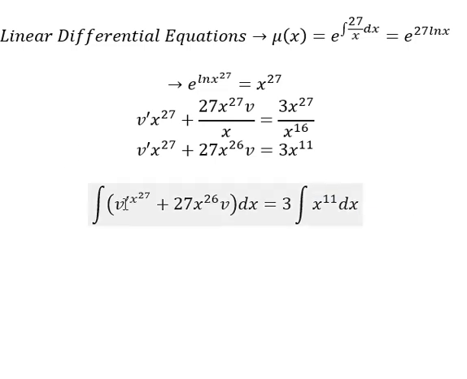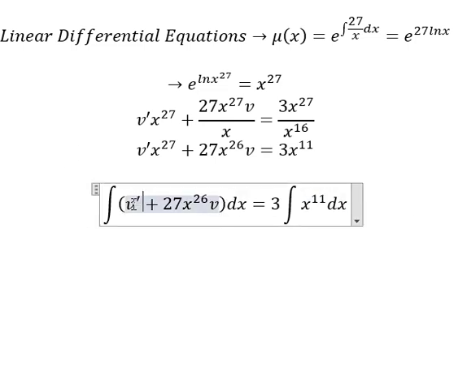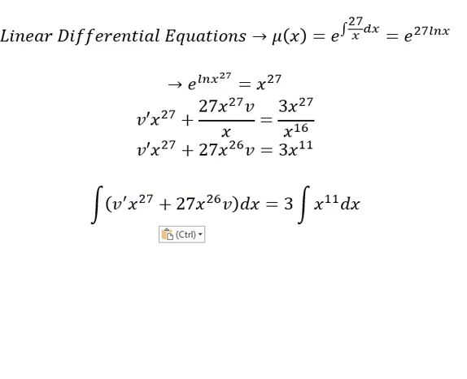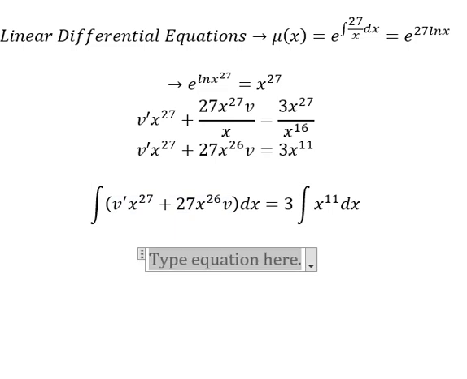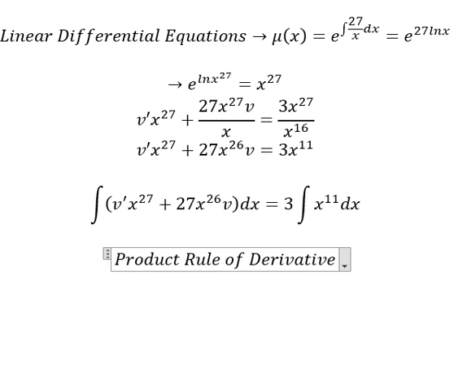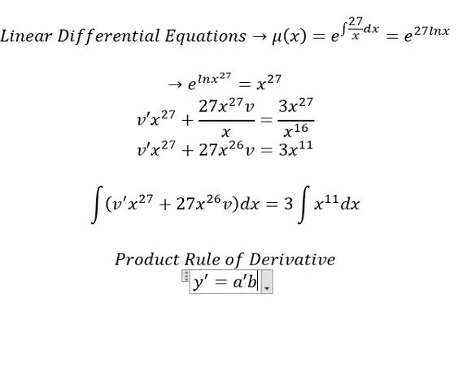So we can use the product rule of the derivative. So that should be like this. So we have first derivative of y equals to first derivative of a multiplied by b plus first derivative of b multiplied by a.